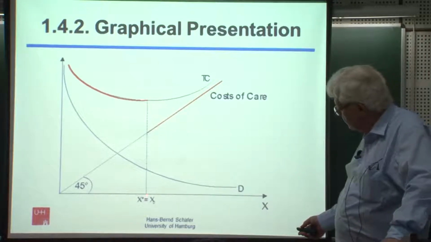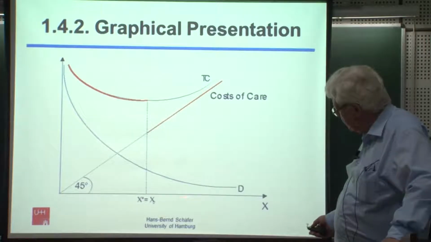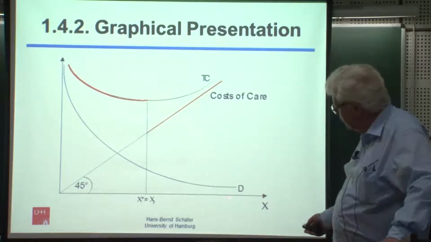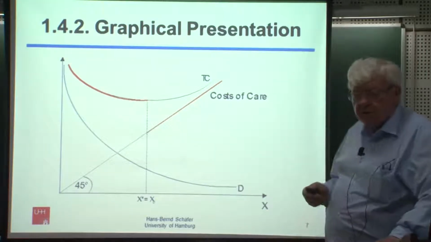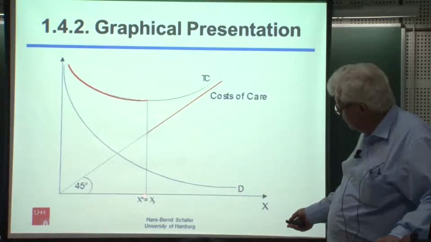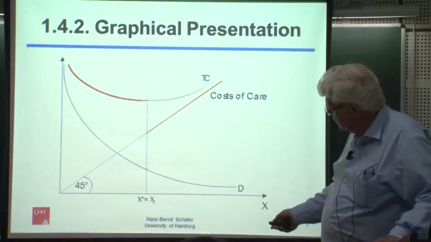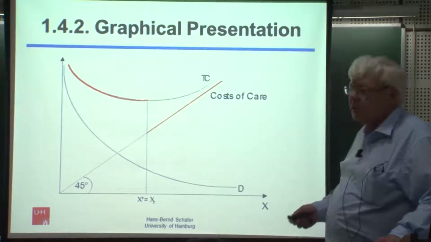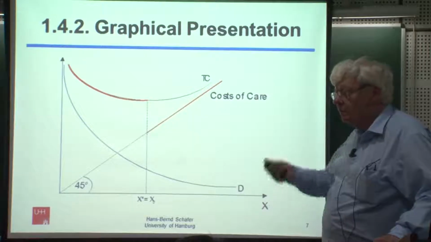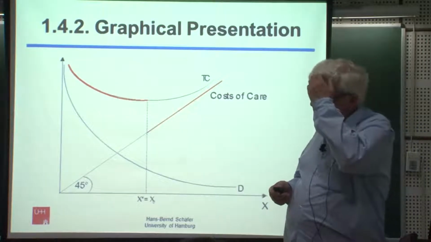So whenever the tortfeasor has reached a level of care which is equal or higher to the due level of care, the damage falls on the victim. And if the level of care is in this range, then it falls on the tortfeasor. Then the tortfeasor has to pay damage compensation.